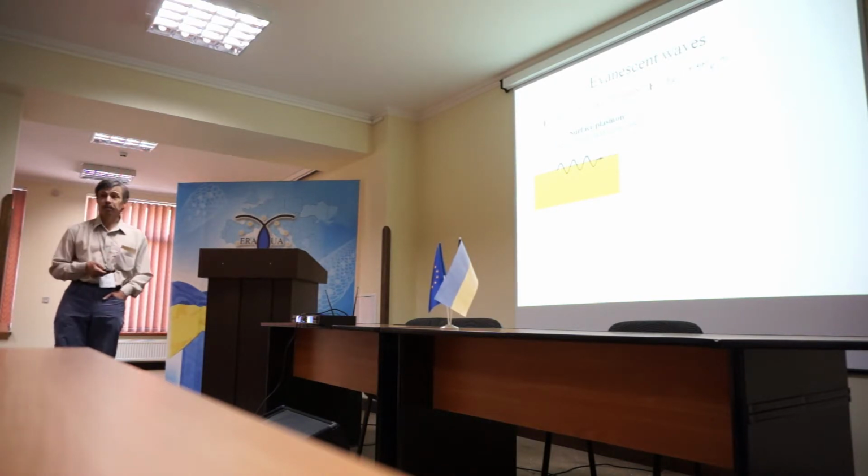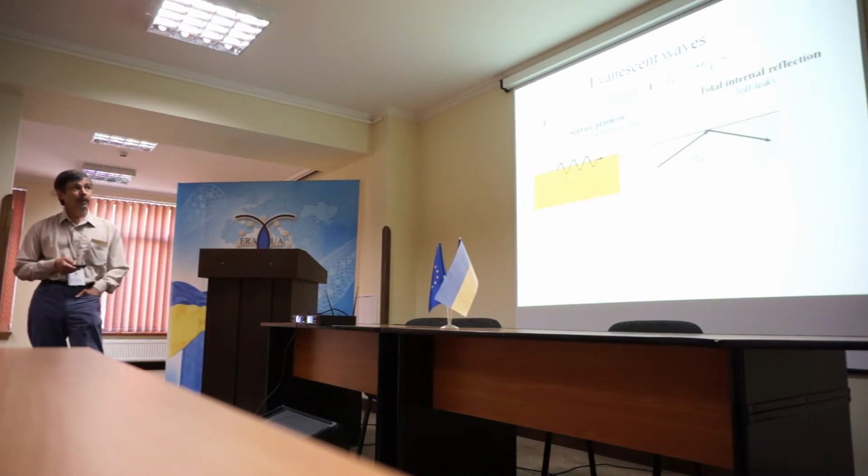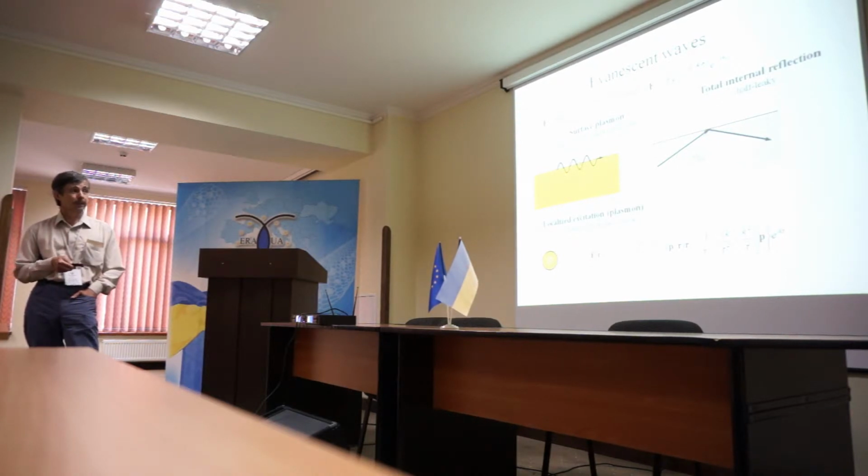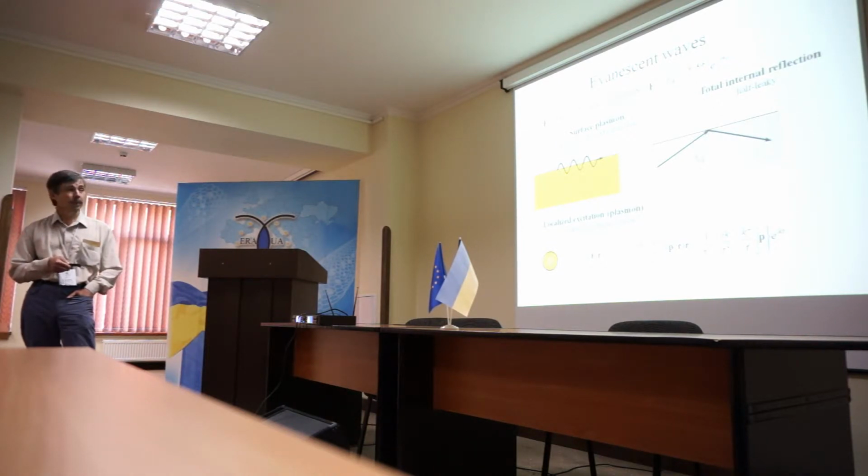It is the field from the surface plasmon. It is the field which exists in total internal reflection. It is also part of the field of the standard dipole field. We have a propagating component, which is proportional to 1 over r, and we have fast decaying components, which don't come to our detector. It is just the near field.